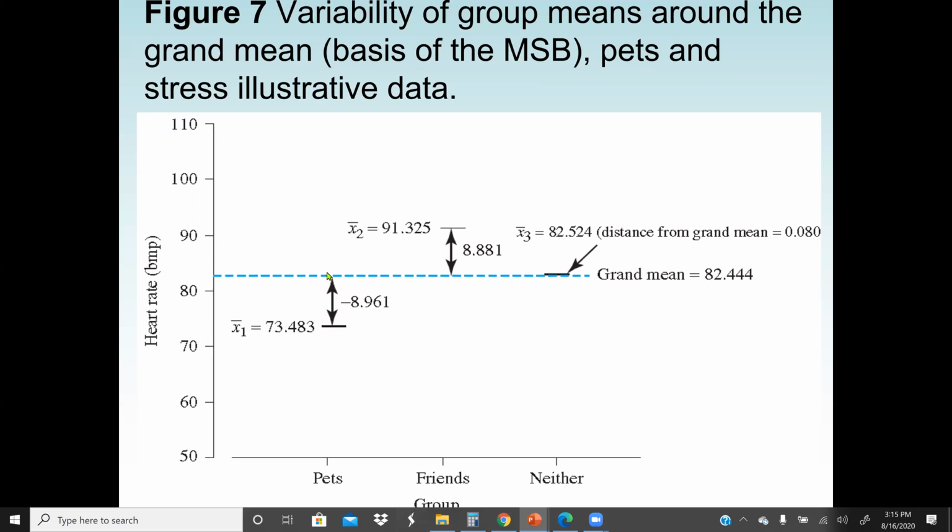The grand mean with the pets group mean, the difference was negative 8.9961. Then the friend mean is higher than the grand mean, so we get a positive value. And neither is almost the same, so we get 0.080.